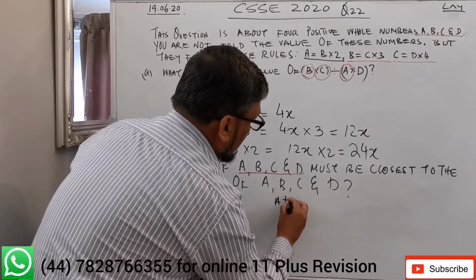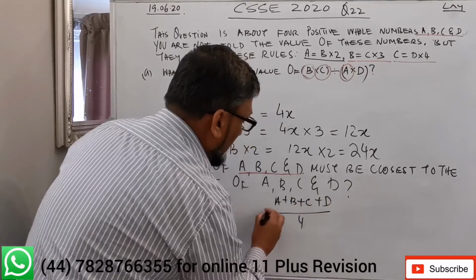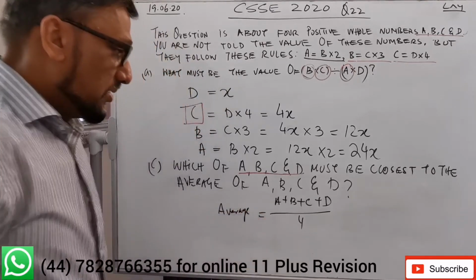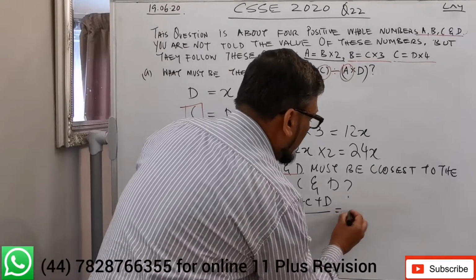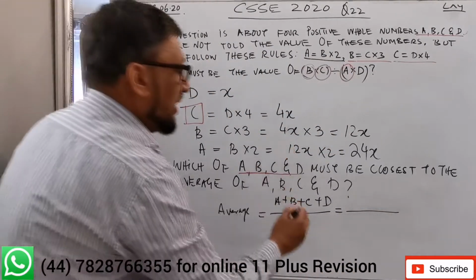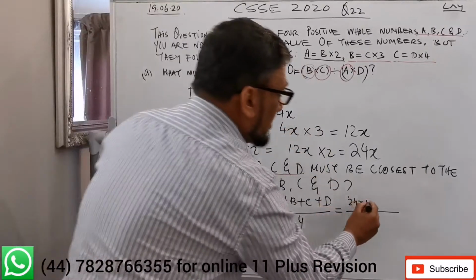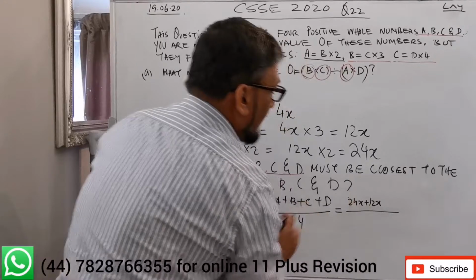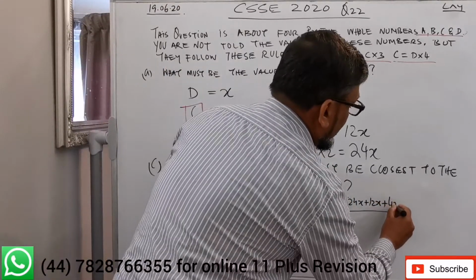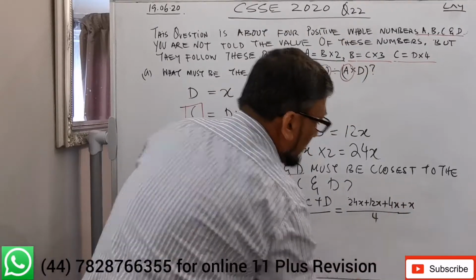A plus B plus C plus D divided by 4 is the average. Substituting, the value of A is 24x, B is 12x, C is 4x, and D is x, all divided by 4.